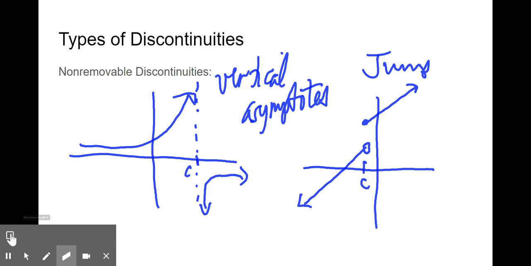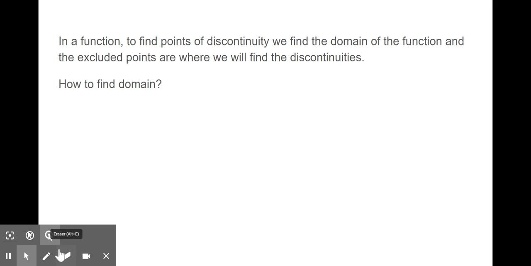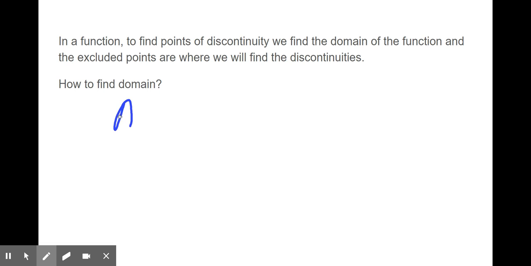Okay, all right, so let's talk about how exactly we go in search of these discontinuities. If we want to find points of discontinuity, we look at the domain of the function, and those excluded points are where we'll find the discontinuities. So the question is, how do you find domain?